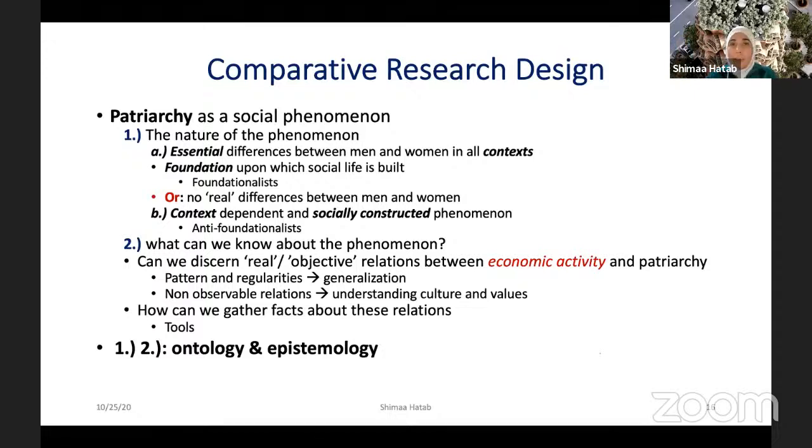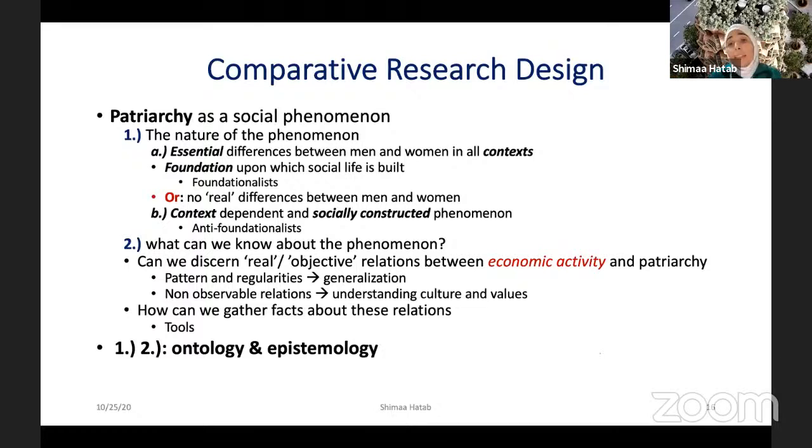So perhaps the modern era is equal to the pre-modern era. You do believe in these differences between men and women and in power dynamics. So these differences represent the foundation upon which social life or political dynamics would occur. So you have what we call foundationalist. You're a foundationalist in your belief about the existence of reality or the essence of reality.